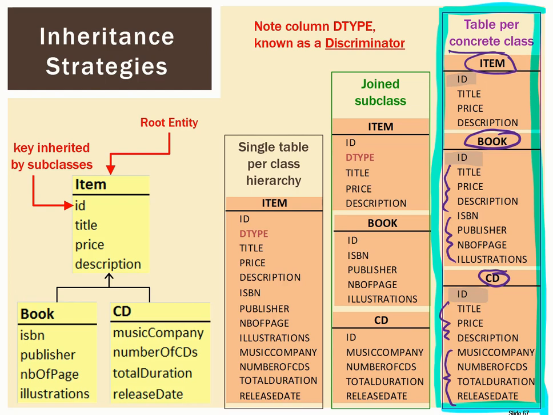Also, this is a minor problem with the table per concrete class, but we're repeating the title, the price, and the description for every subclass. That means that when we build a table, we have to build those fields 3 times for the superclass and the 2 subclasses. And if we had 100 subclasses, we'd have to build those fields 100 times. And if we had enums on them or validation rules on them, we'd have to do that for every single subclass.